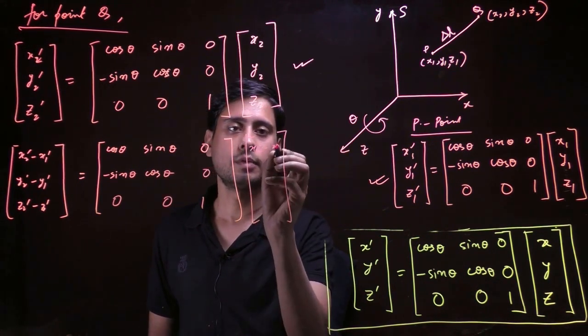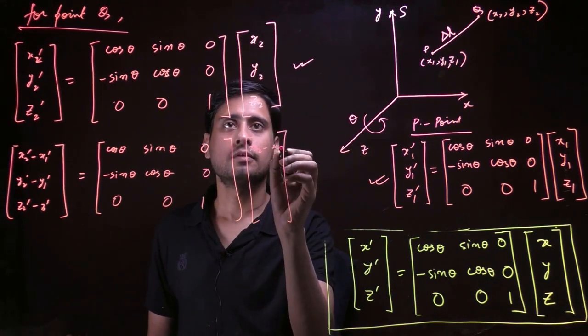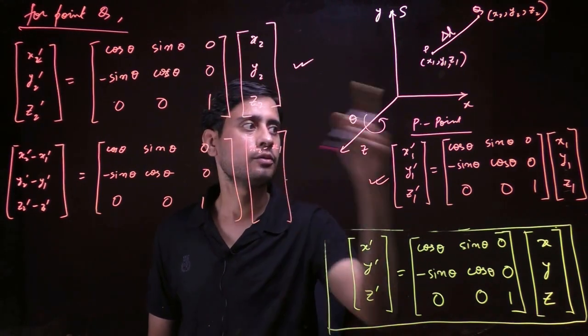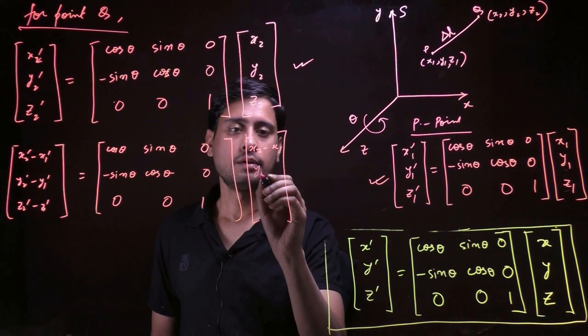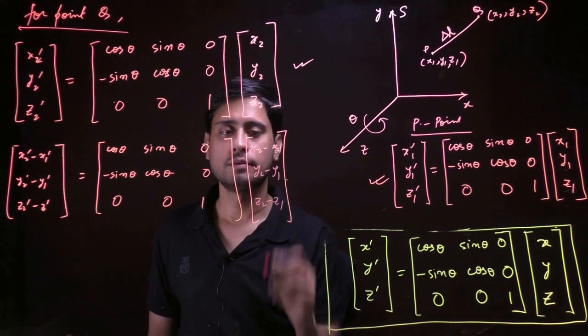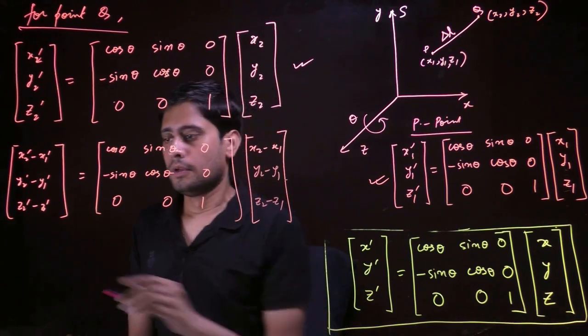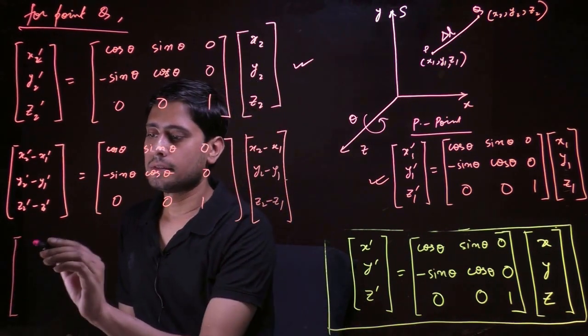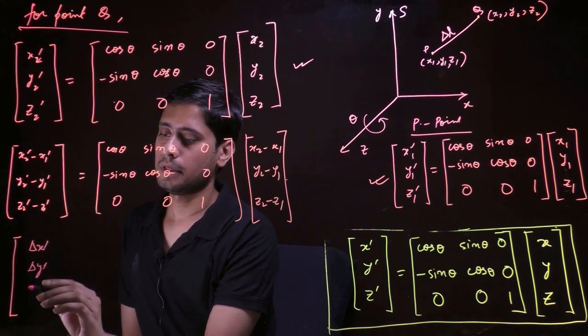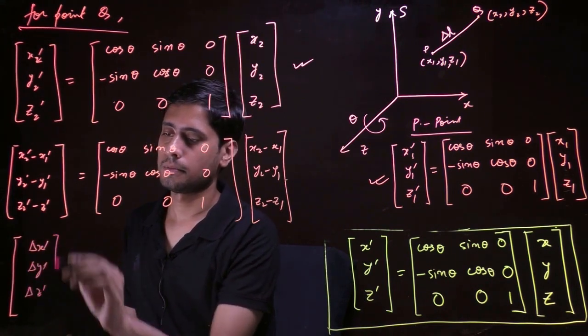So this is x2 minus x1, y2 minus y1 and z2 minus z1. We will call this delta x prime, delta y prime and delta z prime.